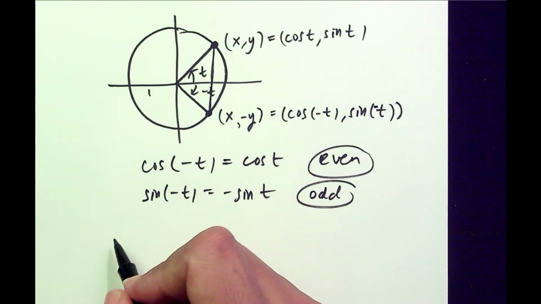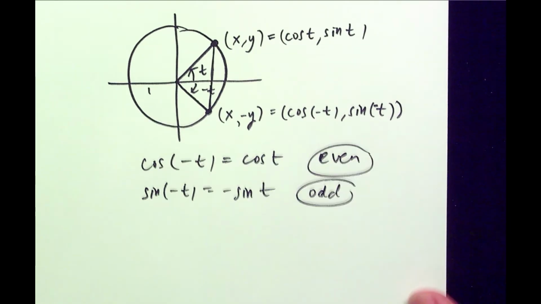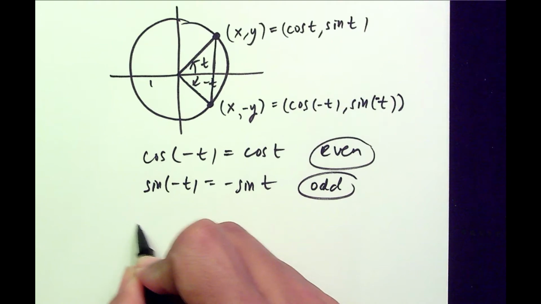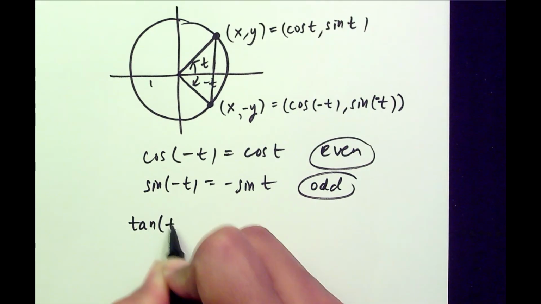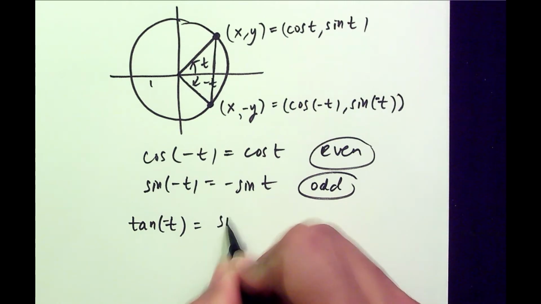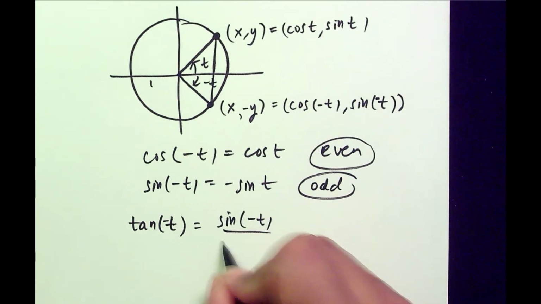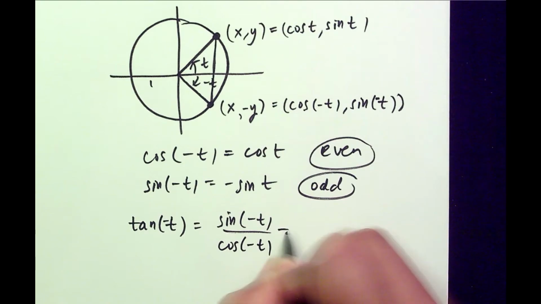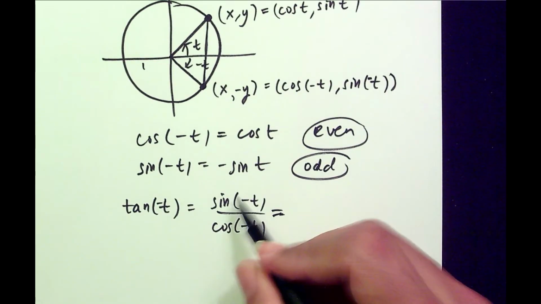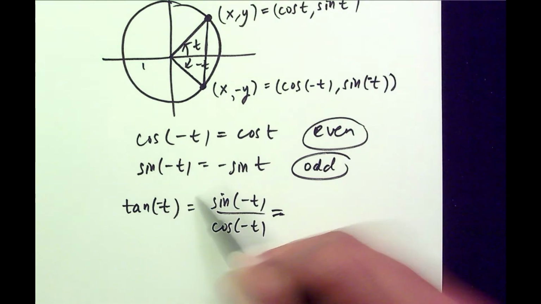Other functions can be analyzed more easily by using identities, such as, for example, tangent. How about tangent? Tangent of negative t, well, this is the same as sine over cosine. Sine over cosine. We just said that sine is odd, so it pushes out to the negative.